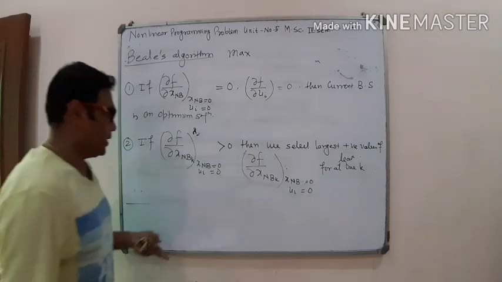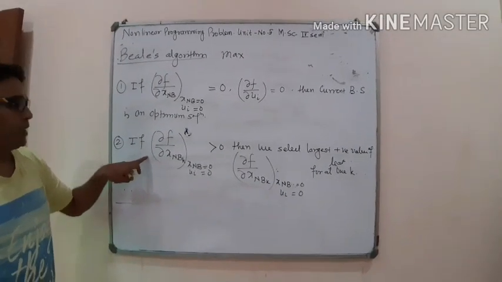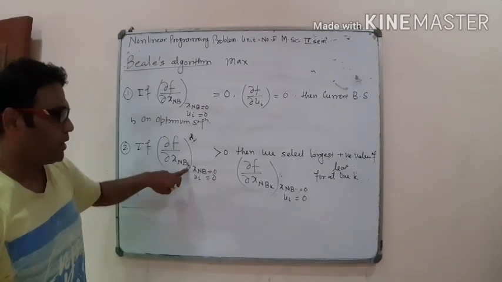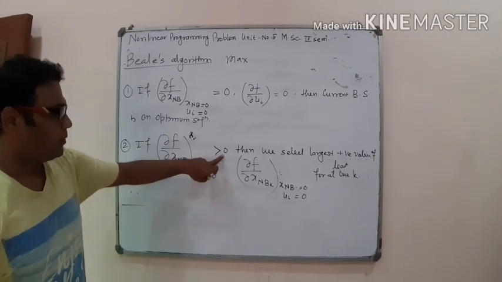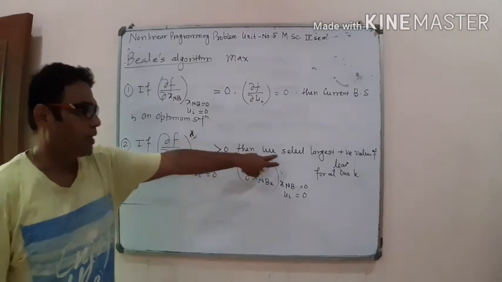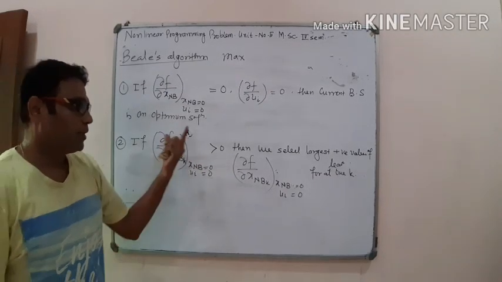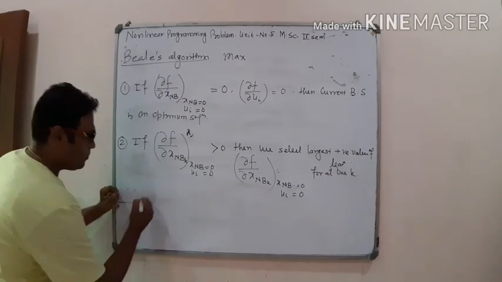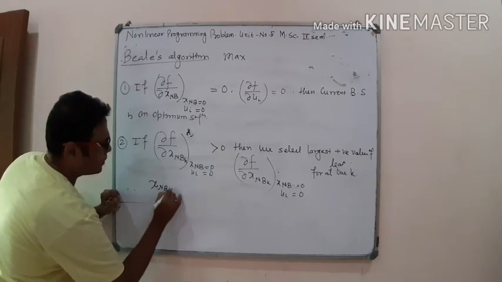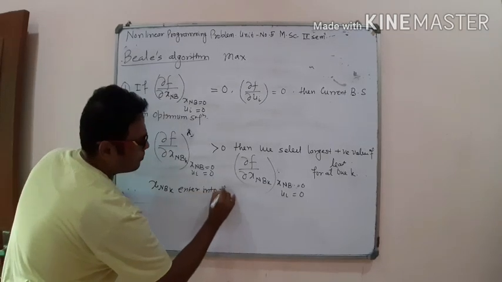This is very important. This particular case says that if this partial derivative for at least one k is greater than 0, and if there are two positive values, in that case we select the largest one. If there is only one, then obviously it is single, and in that case our xNB k enters into the basic set.